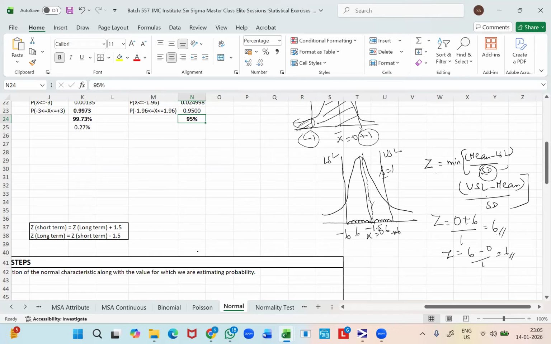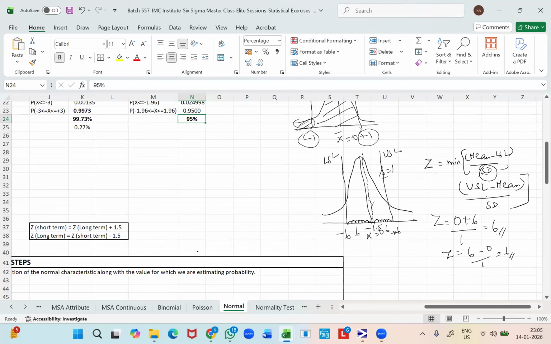As they spend more time working in that process, the employee's performance is likely to improve. So it would be exactly the opposite, right? But as I told you, since there is no other counter alternative for this Motorola theory, we still accept the same to derive the relationship between the short-term and the long-term sigma level.